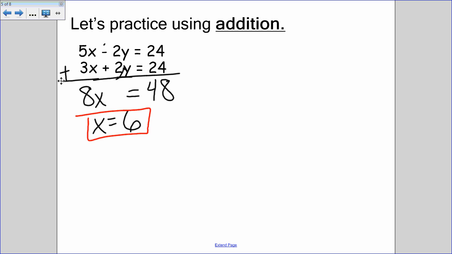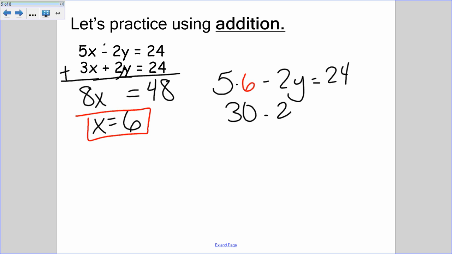Okay, let's plug it back in. We'll do our first equation this time. 5 times our x of 6 minus 2y equals 24. Okay, 5 times 6 is 30 minus 2y equals 24.